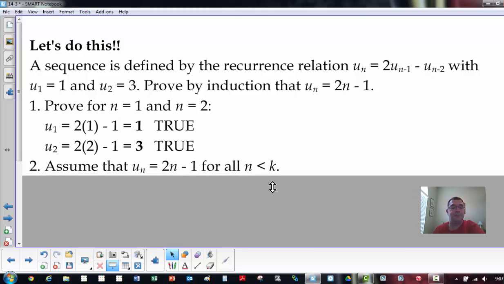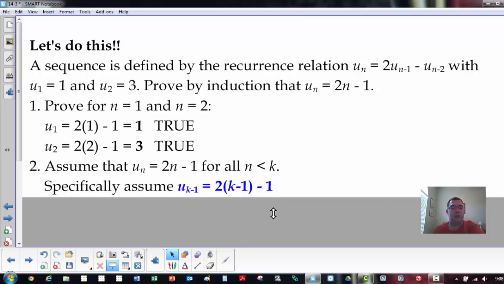Now what I'm going to do in the second step is assume that the nth term is 2n minus 1 for all n's that are less than k. So n equaling k minus 1, n equaling k minus 2, and all the way down the line to anything that's less than k. Okay, so that's step 2 specifically.